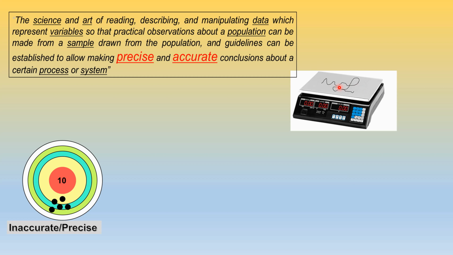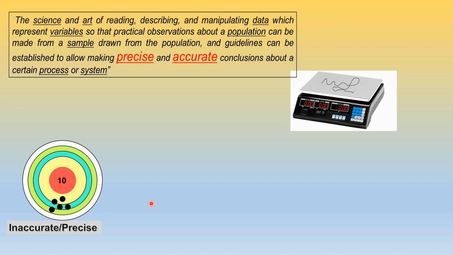Also, suppose that we know that the weight of the fiber should be 10 ounces. But when we put the fiber on the scale, we get values such as 5, 6, 6.5, 5.5. So you can see here we have values that are very close, but they are not hitting the target.